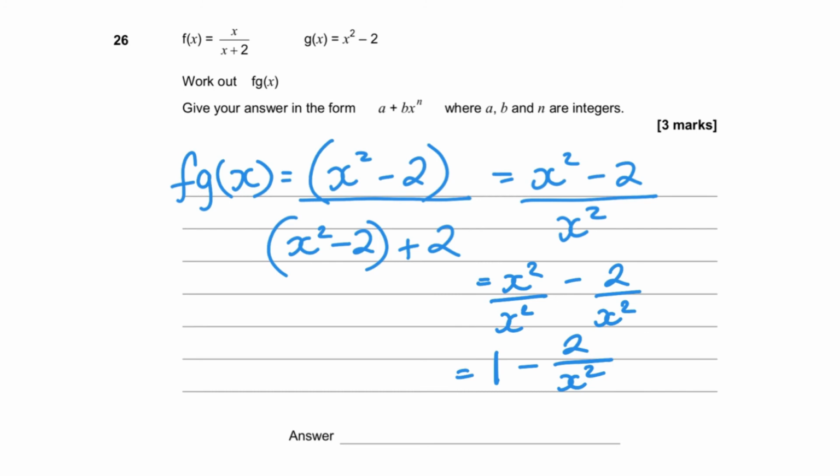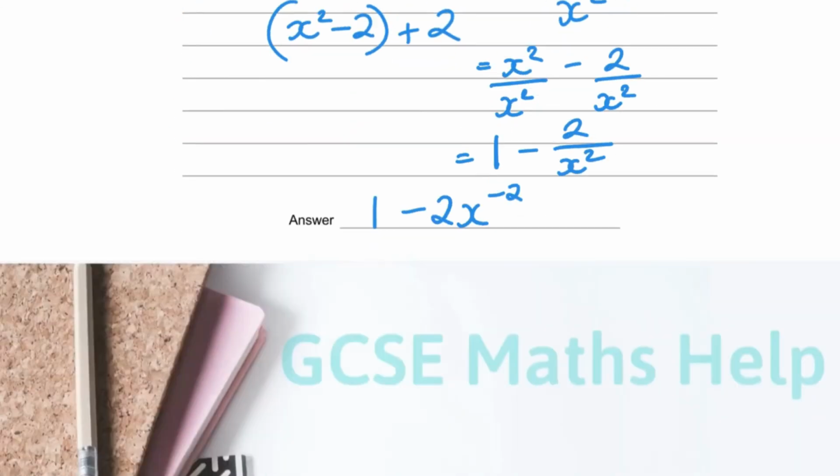So our a value is going to be 1. Our b value is going to be minus 2. And for our n value, we're going to use our powers knowledge and write 2 divided by x squared as 2 times x to the power minus 2. So 1 minus 2x to the power minus 2 is what's actually happened to x when it's been through the g function and then the f function, one after the other.